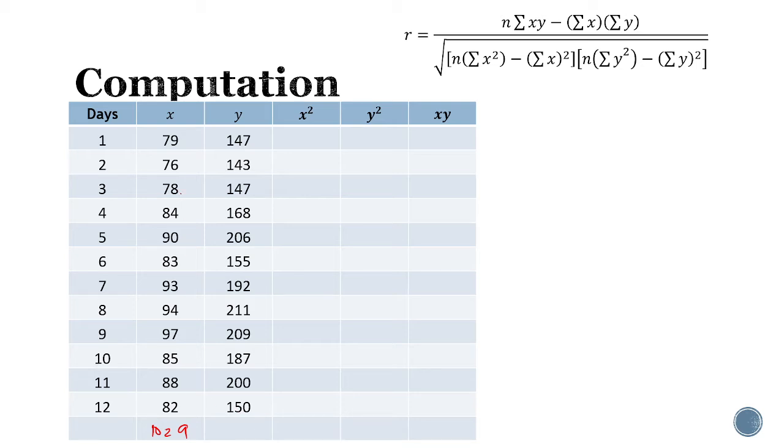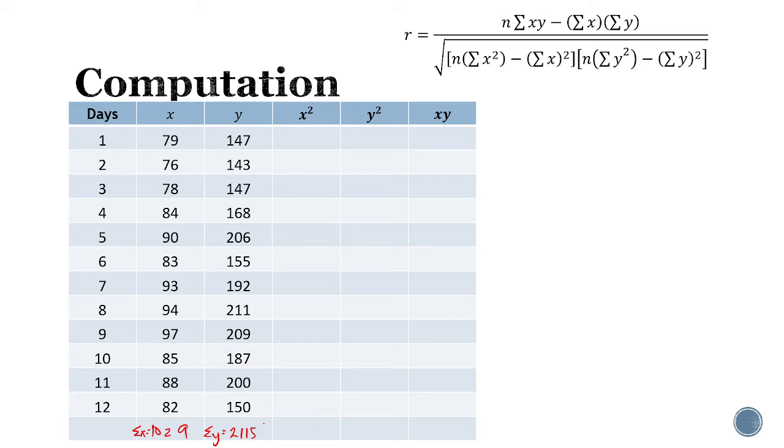By summation of x, I just added 79 plus 76 plus 78, 84 plus 90 plus 83 and so on. And for the summation of y, sulat natin. This is summation of x. For the summation of y, we will have here 2,115.